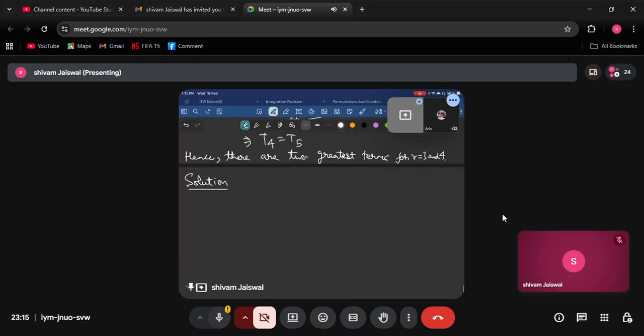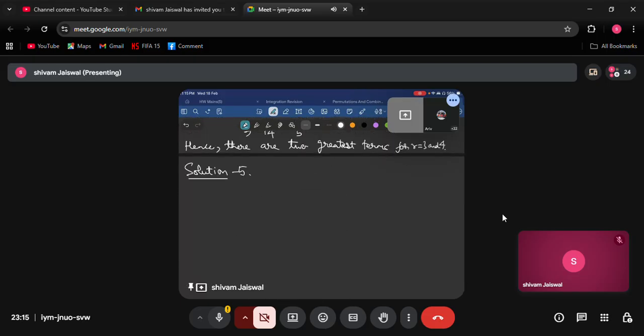Everyone, over here we need to ensure T4 is greater than or equal to T3.